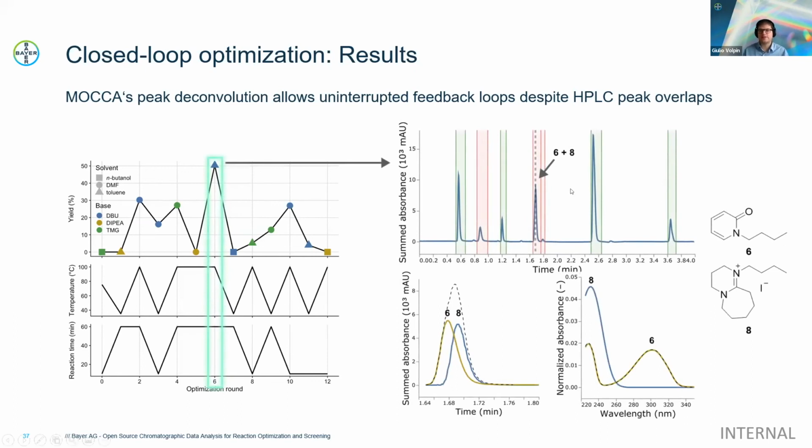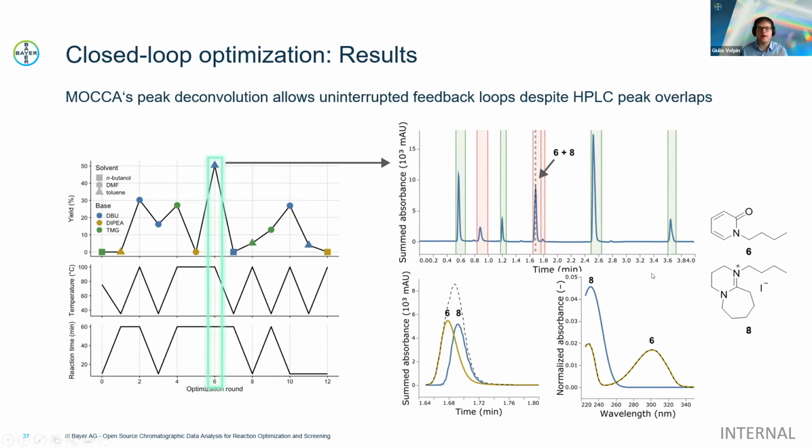Because what you can see here is that our desired product has a pretty significant overlap with a byproduct here, we term it 8, which turns out to be alkylated DBU. And so this can, under normal circumstances, generate a systemic bias in the yield calculation for your type of autonomous optimization workflow.